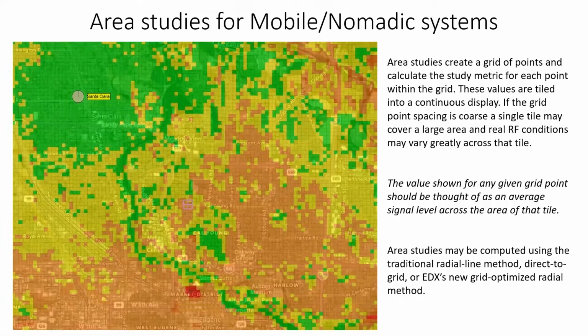So if I get far enough away from the site, I can have some imprecision or some spreading of those radials that can, again, sort of smear the results or make them better as an approximation over an area, not really a specific point-to-point prediction.